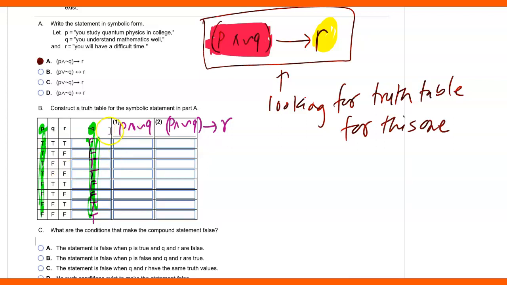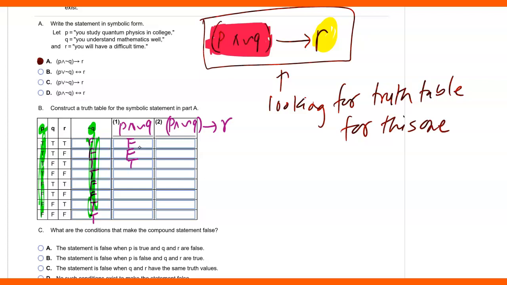P, this column, not Q, this column, and do AND here. And remember that AND is only true if both are true. Therefore, I'm looking for T and F, which is F. T and F, which is F. T and T, which is T, and so on.